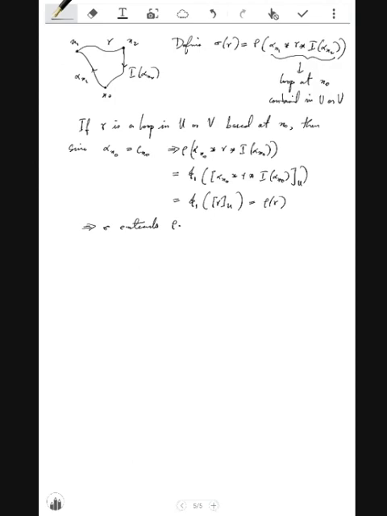So sigma satisfies the following two properties.